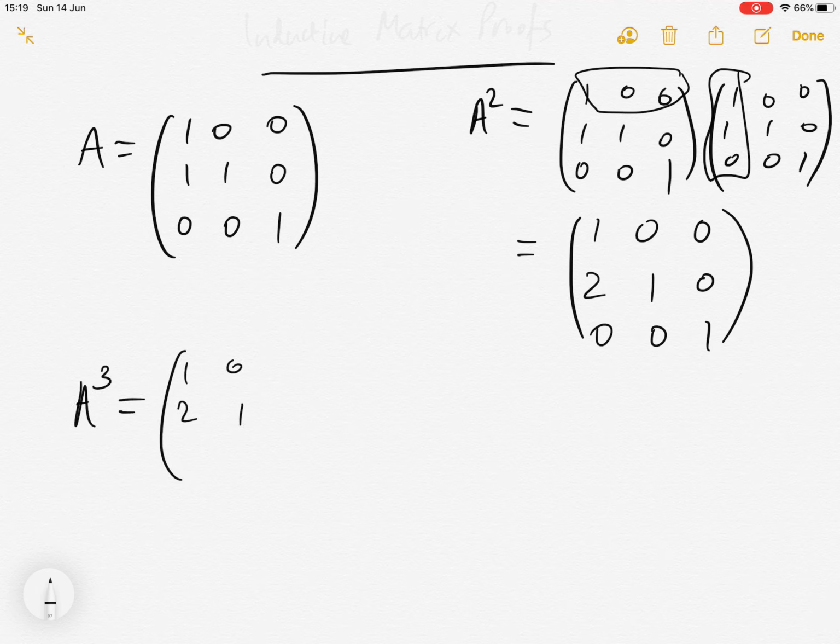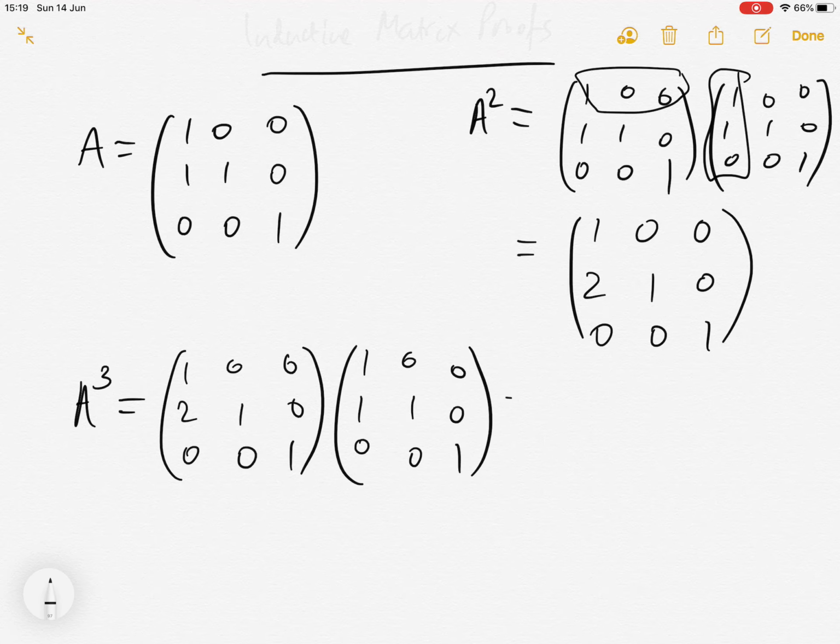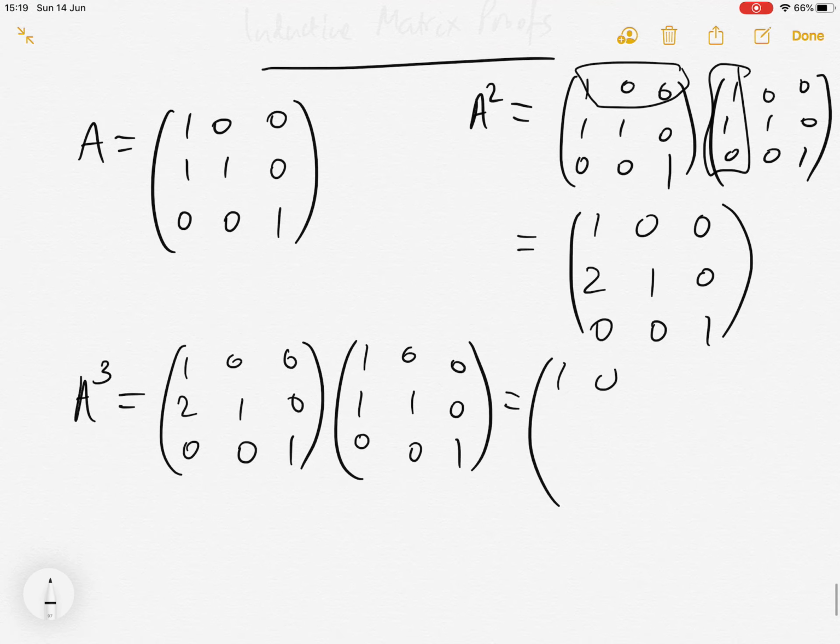So that's A squared times A. So we're going to get 1, 0, 0, and then 3, 1, 0, and then 0, 0, 1. Any guesses yet as to what A to the n might be?